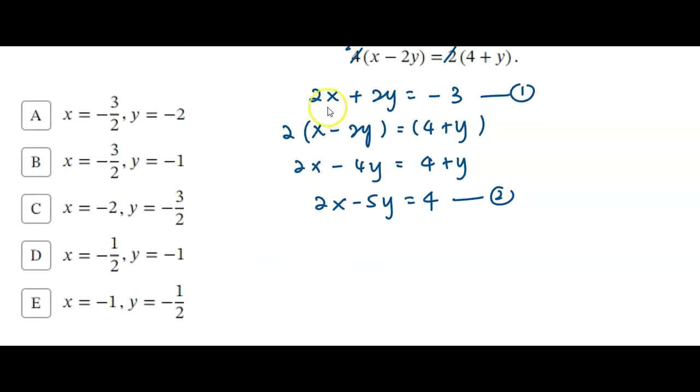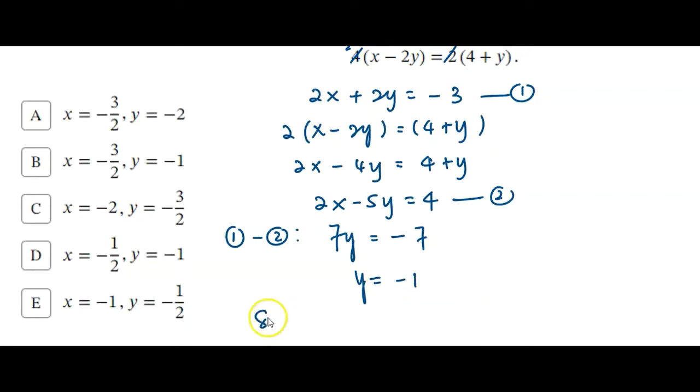Just eliminate x by taking equation 1 minus equation 2. 2x minus 2x will be 0. 2y minus negative 5y will be 2y plus 5y, that is 7y, equals negative 3 minus 4, you get negative 7. From here we get y equals negative 1.